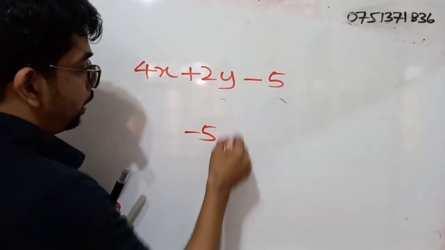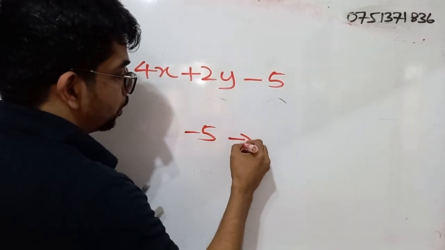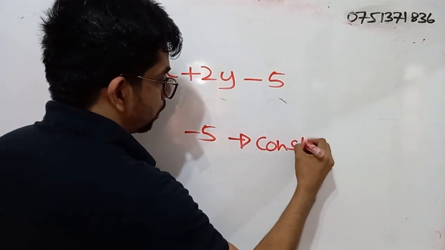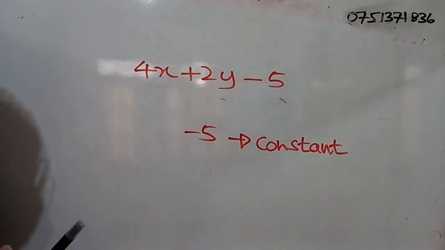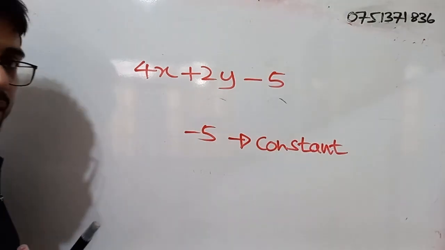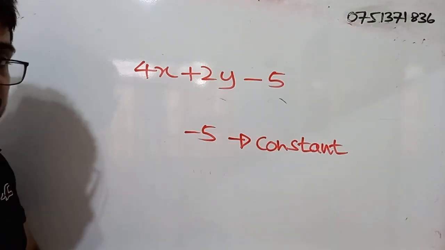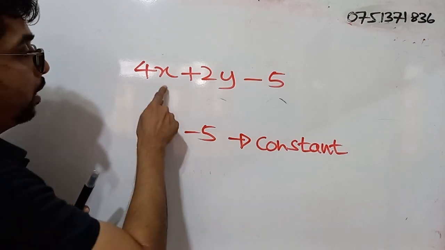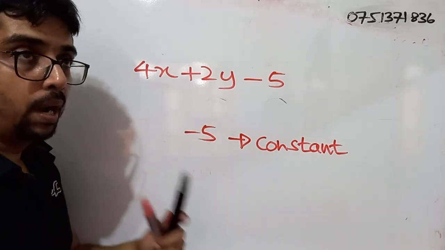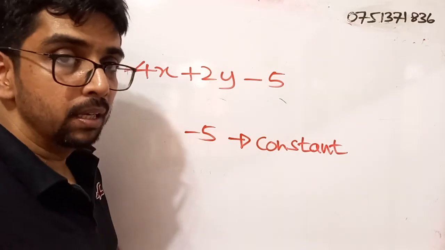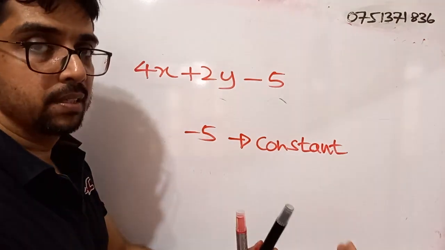So here, minus 5 means constant. We know constant means the value doesn't change. In the same manner, what is the meaning of a variable? The value changes.